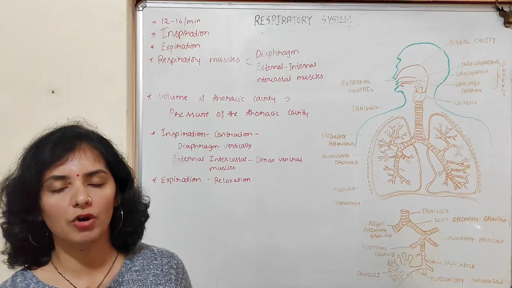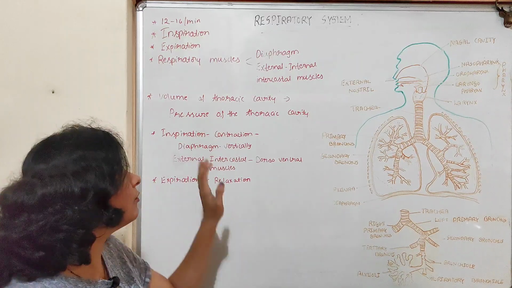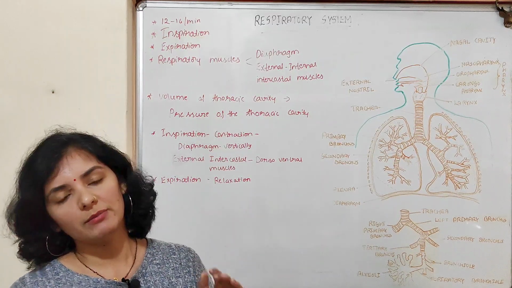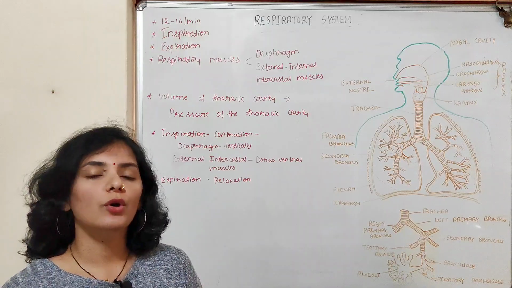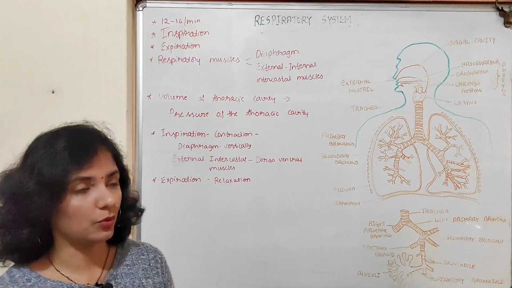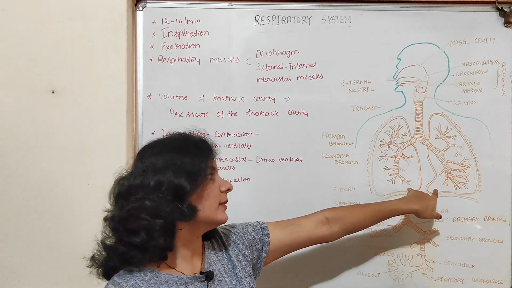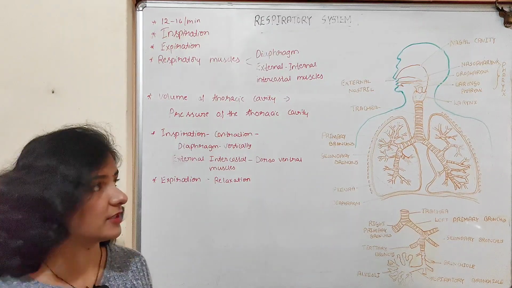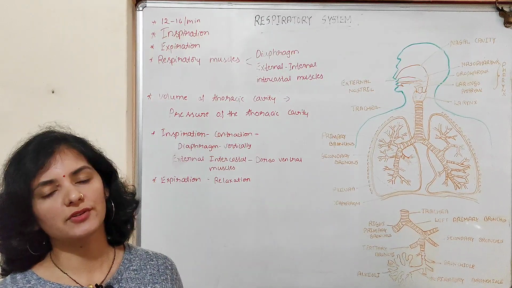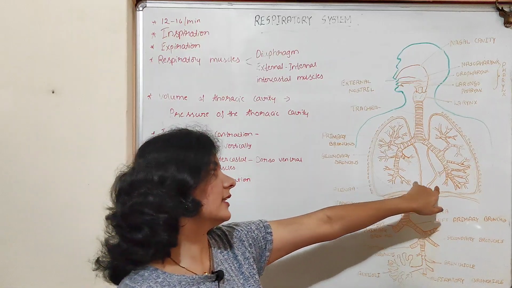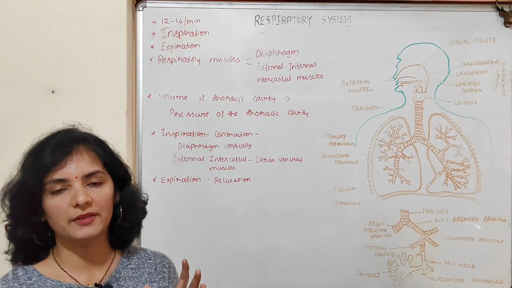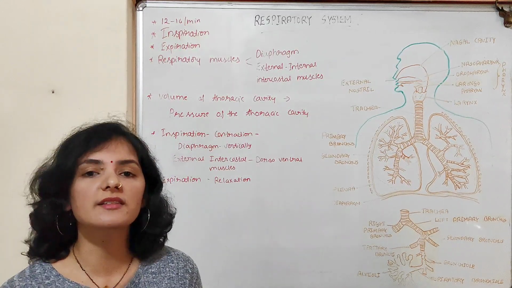If there is a decrease in the volume of the thoracic cavity, there will be a decrease in the volume of the pulmonary cavity also. Similarly, if there is an increase in the pressure of the thoracic cavity, there will be an increase in the pressure of the pulmonary cavity. If there is a decrease in the pressure of the thoracic cavity, there will be a decrease in the pressure of the pulmonary cavity. So that is how it is related.